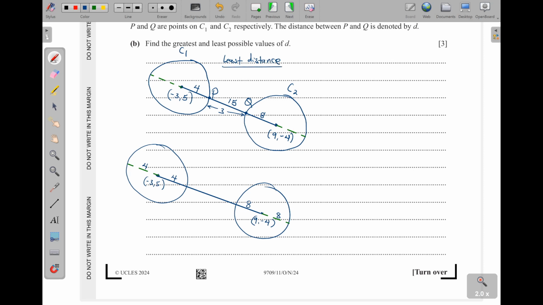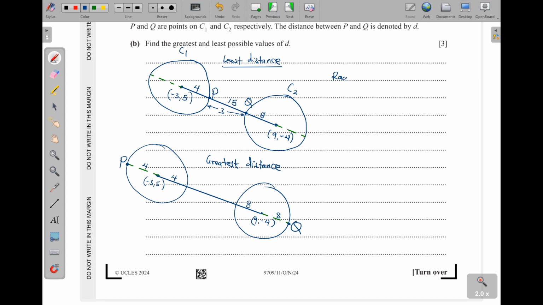And then for the greatest distance, I will use this one here. So now P should be this side and Q should be this side for the greatest. Okay, so that therefore means, let me write something here.